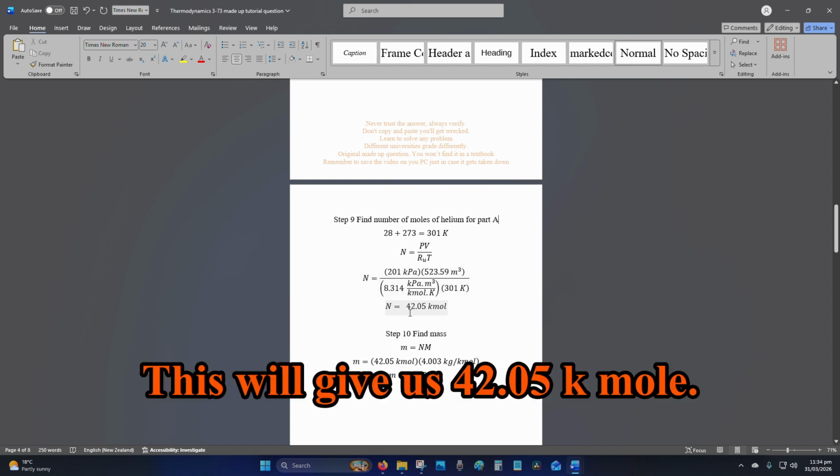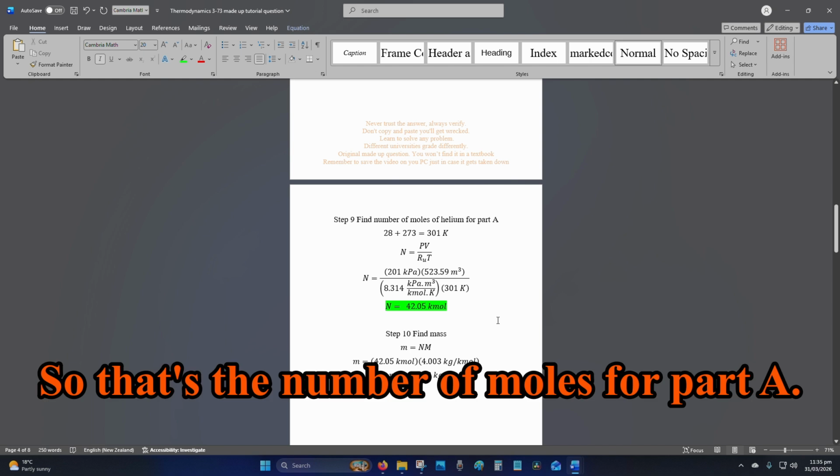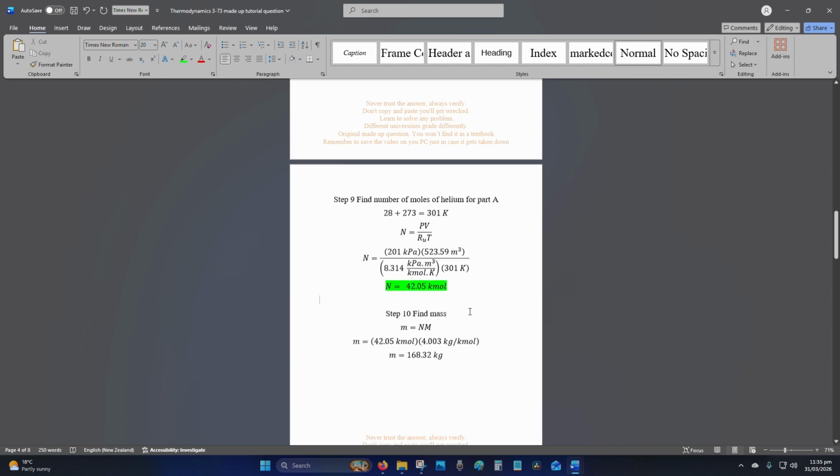This will give us 42.05 kmol. So that's the number of moles for part A.